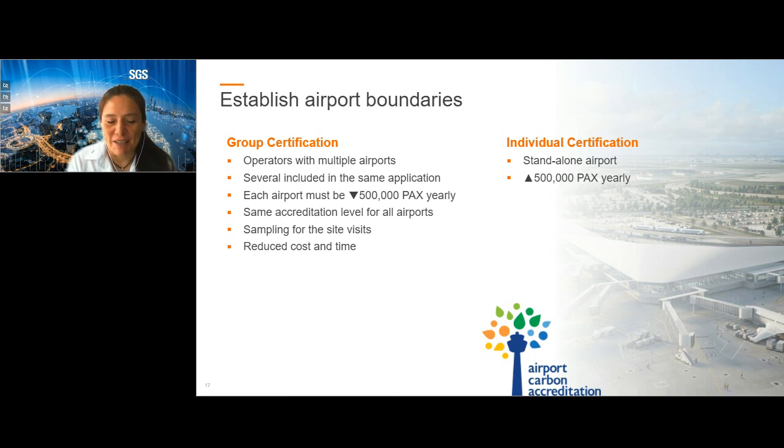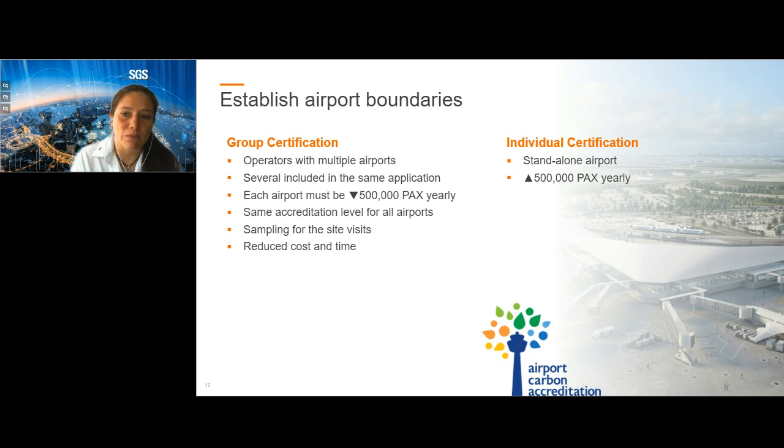So something important when you select your boundaries is to understand your airport group. If you are just one airport, then you are in an individual certification. So you are a standalone airport, and in the case that you have several airports belonging to the same group, then maybe you can apply to the group certification.